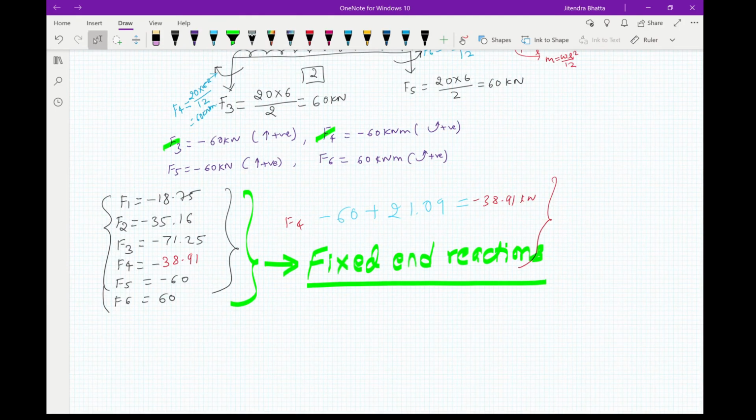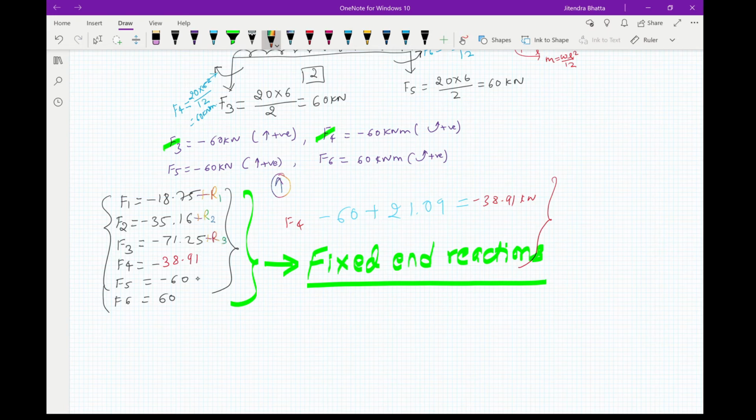Your F1 will be plus R1 because we are taking this as positive for reaction, and F2 will be plus R2, F3 will be plus R3. For F4 we don't have any reaction force.